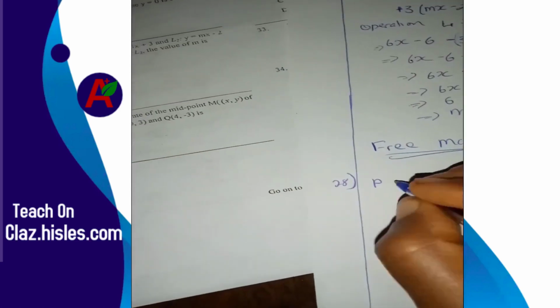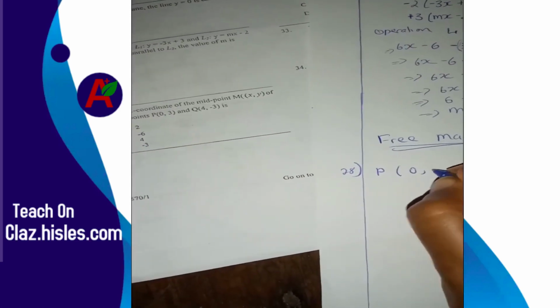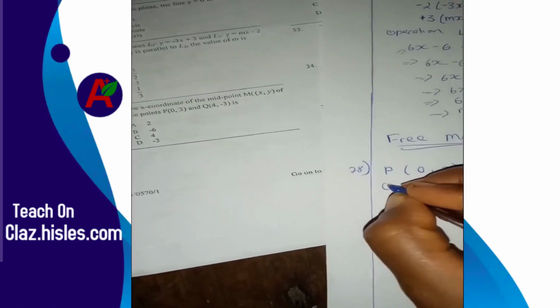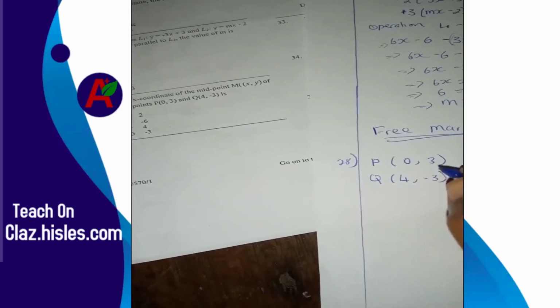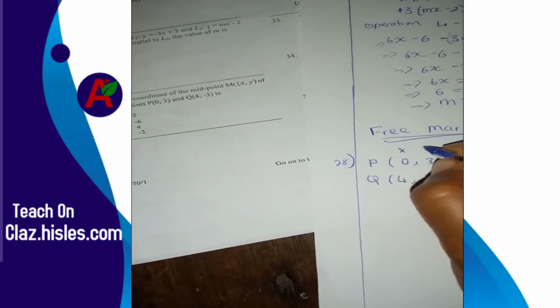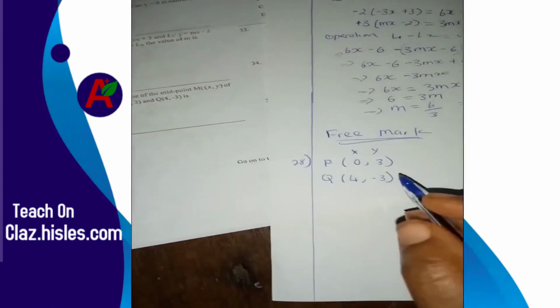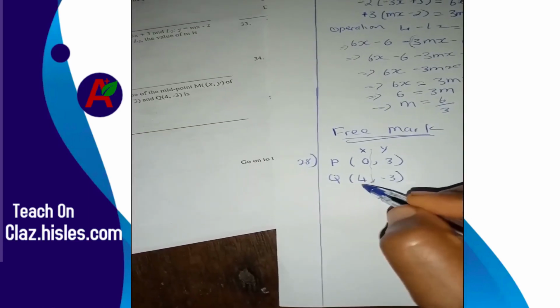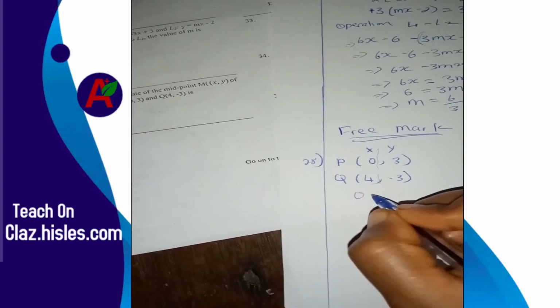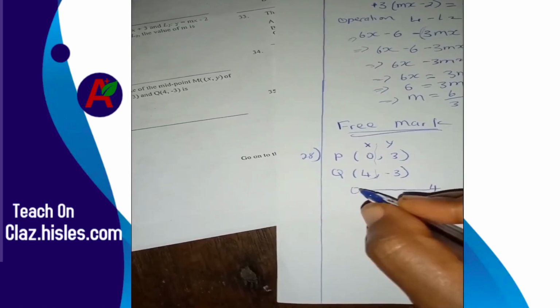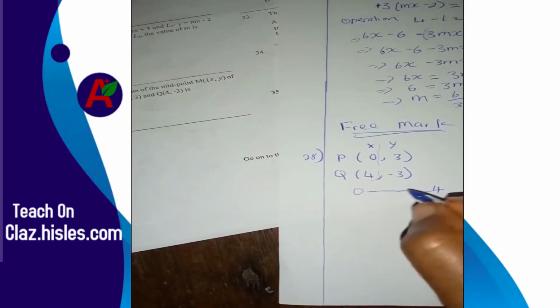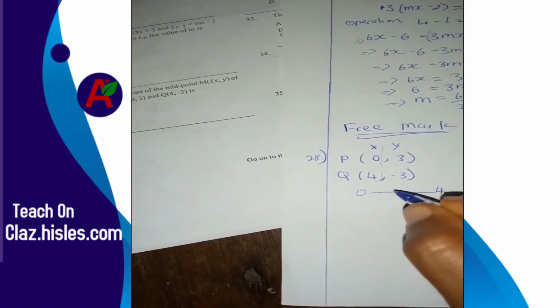For P we have 0, 3, and for Q we have 4 and negative 3. So this is always our x-coordinate, this is our y-coordinate, and they're asking for the x-coordinate. So it means we'll concentrate on these values, that is from 0 to 4. What do we have in the middle of 0 to 4?